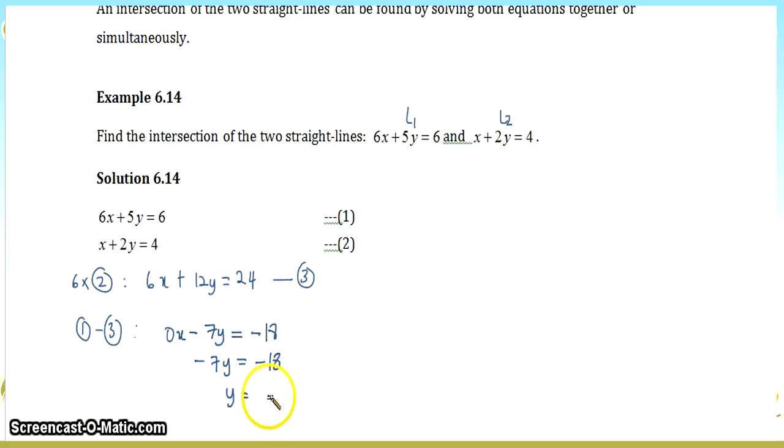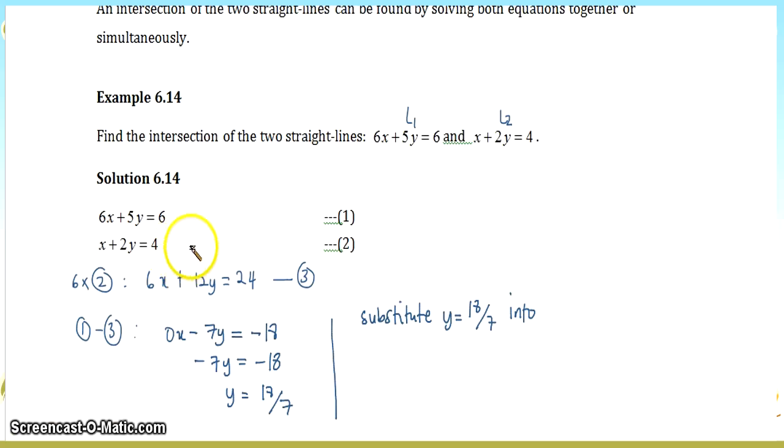Therefore, y equals 18 over 7. This is the value for y. Now, we need to get the value for x. To get x, we substitute y equals 18 over 7 into either equation. Let's substitute y into equation 2.